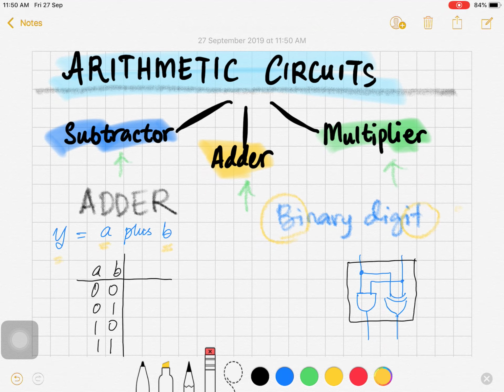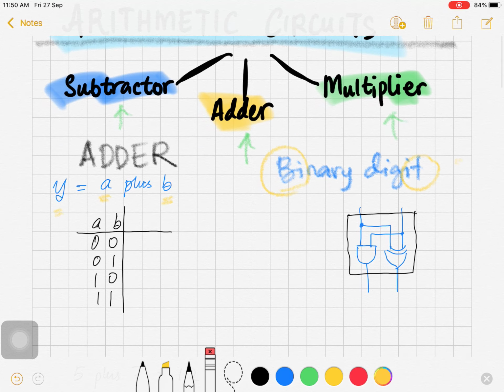Then let's construct the corresponding truth table with the columns A, B, and Y. Since A and B are 1 bit, they are either number 0 or 1. And here are the combinations between them: 0 0, 0 1, 1 0, 1 1. Now y is the sum of A and B. Obviously, 0 plus 0 gives 0, 0 plus 1 gives 1, 1 plus 0 gives 1, and 1 plus 1 equals 2.